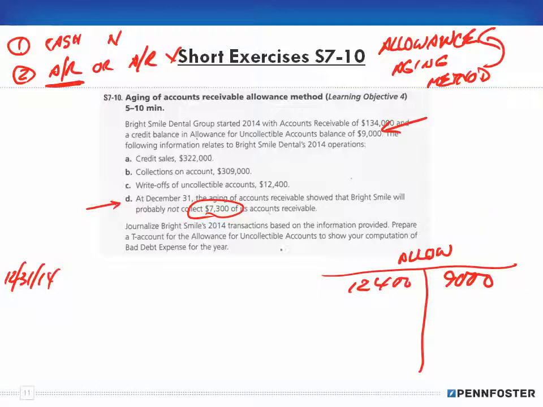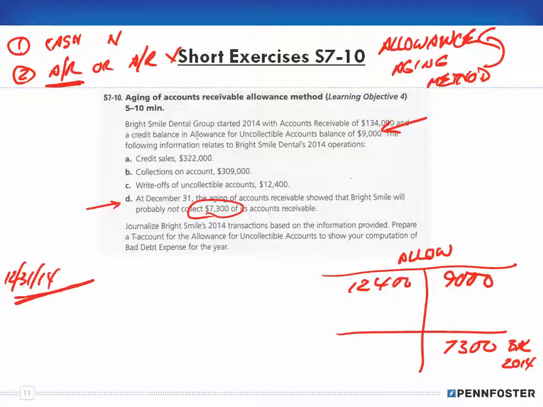So if we do the aging and we have an estimate of $7,300 of bad debt in our accounts receivable, well then our allowance account should have that $7,300 as a balance. And this is the balance at the end of 2014.